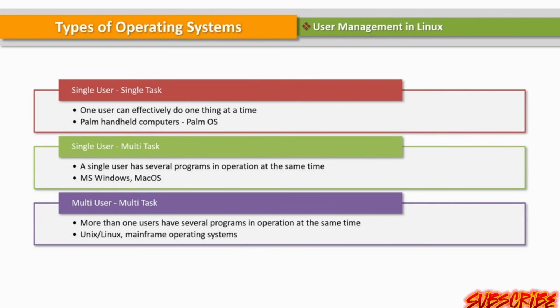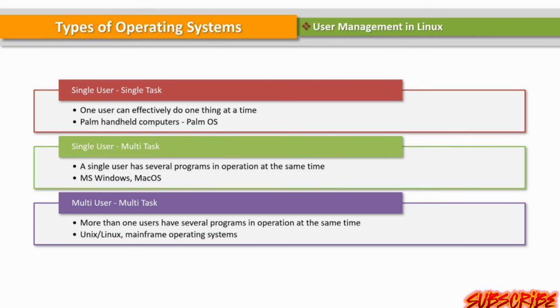Multi-user, multitask operating systems allow many different users to take advantage of the computer's resources simultaneously. So it means that the operating system must make sure that the requirements of the various users are balanced and that each of the programs they're using has sufficient and separate resources so that a problem with one user won't affect the entire community of users.